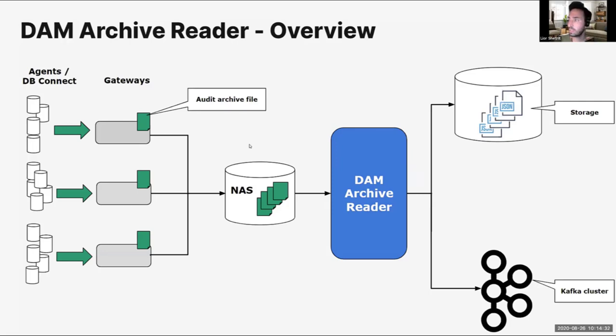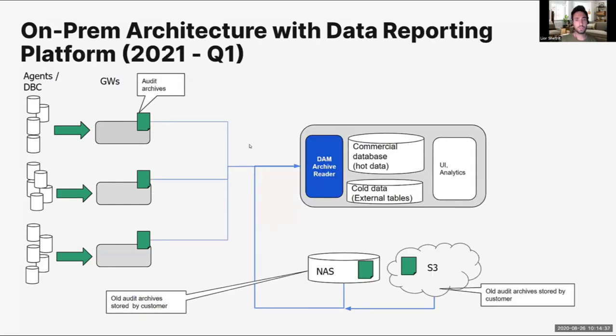I'll quickly show a few slides about the future use of the archive reader. As you saw before, currently the archive reader only supports either Kafka or flat files, and the vision for the data reporting platform is that this tool will be part of that solution, meaning it will also support pushing the events to a commercial database.